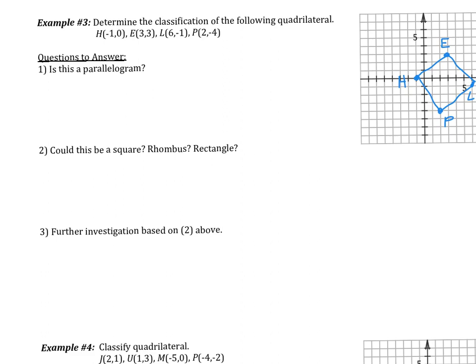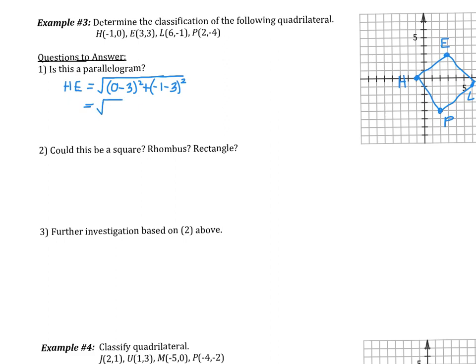So I'm going to start with side EH or HE, either one. Using the distance formula, I'm going to first show it using the formula, just to make sure we don't forget it. So 0 minus 3, then you would have -1 minus 3.